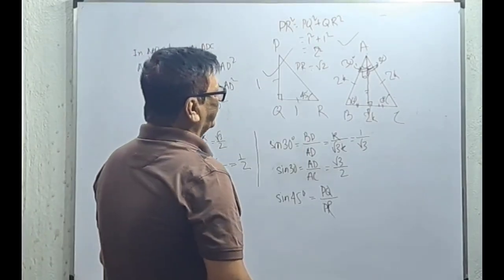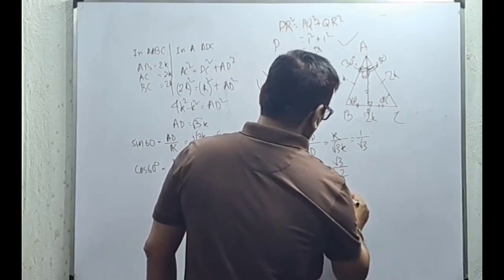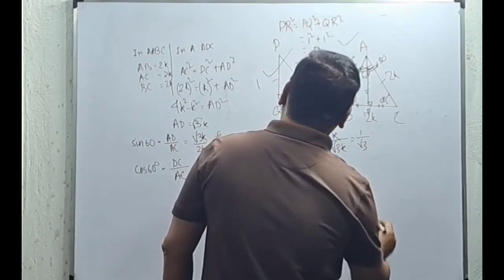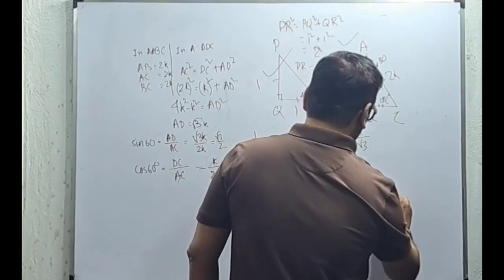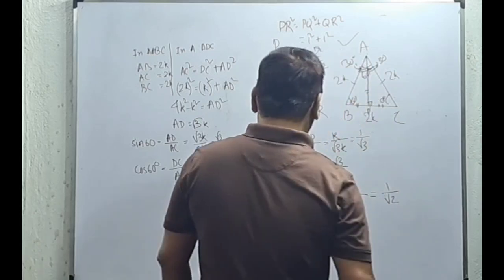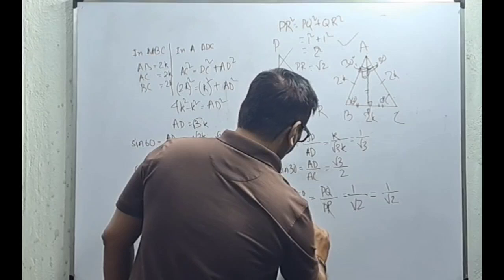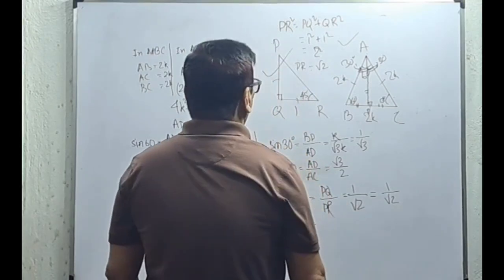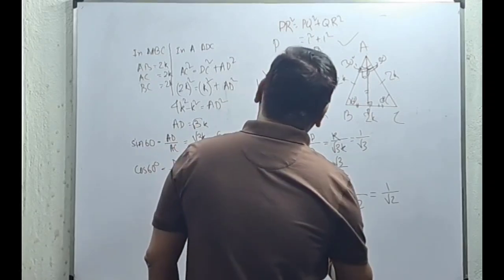So we have got PQ as 1 and PR as root 2. So it is equal to 1 by root 2. So similarly, cos 45 degree will be equal to base by hypotenuse, right?